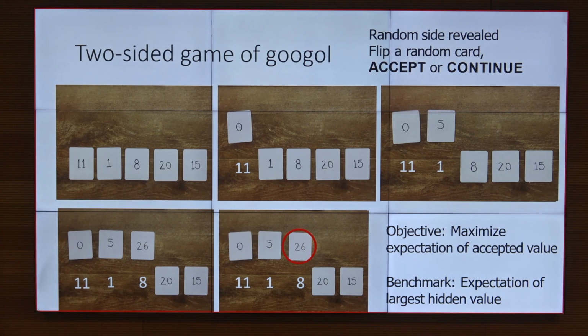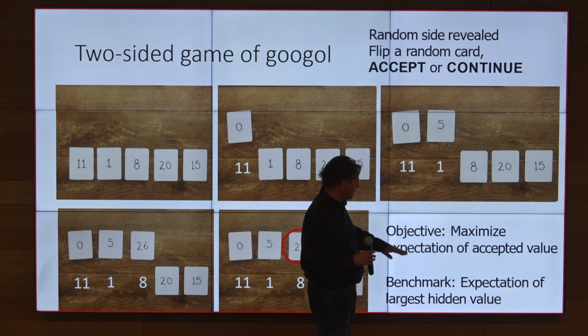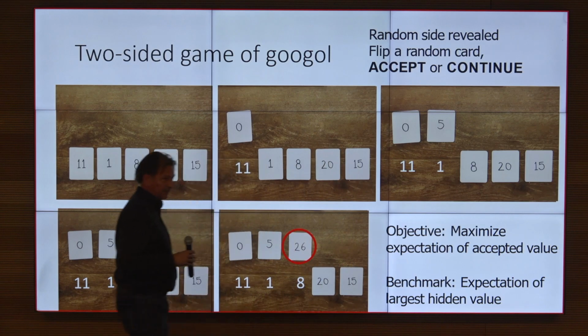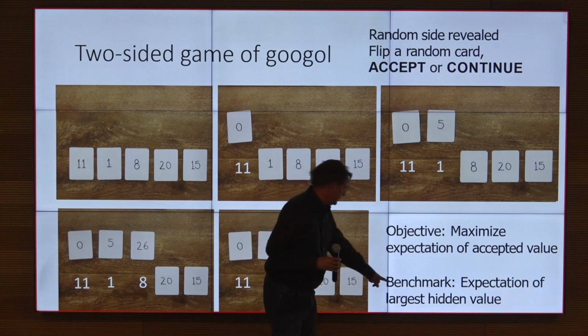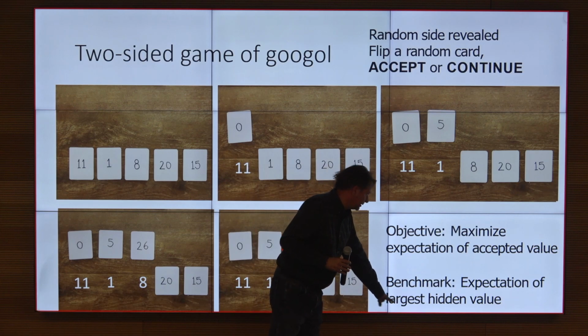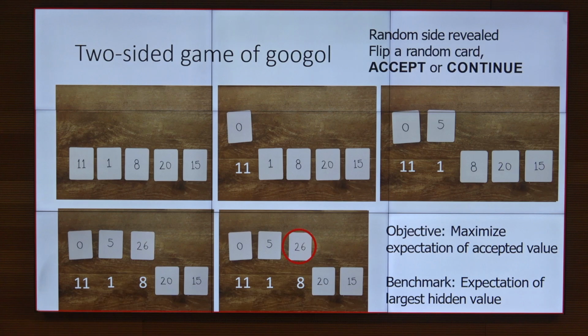But now I am allowing the adversary to do whatever he wants, not only drawing these random values. So my objective is to maximize the expectation of the accepted value. The benchmark is comparing against the largest hidden value. The largest value that's not facing up, right?